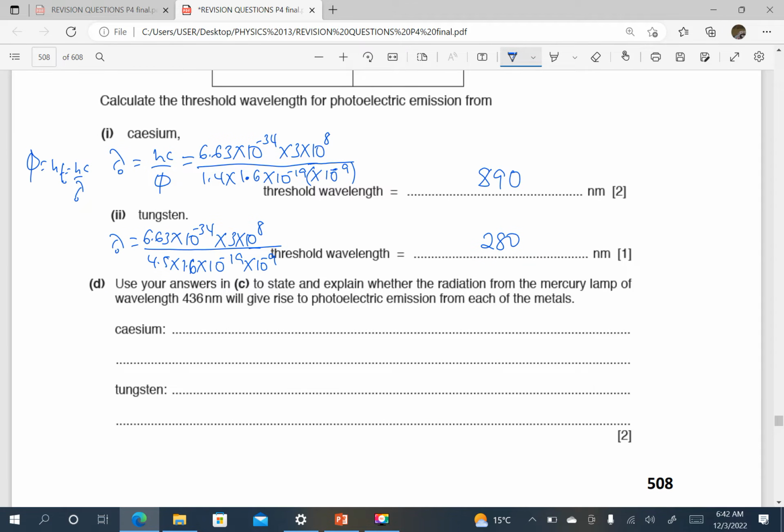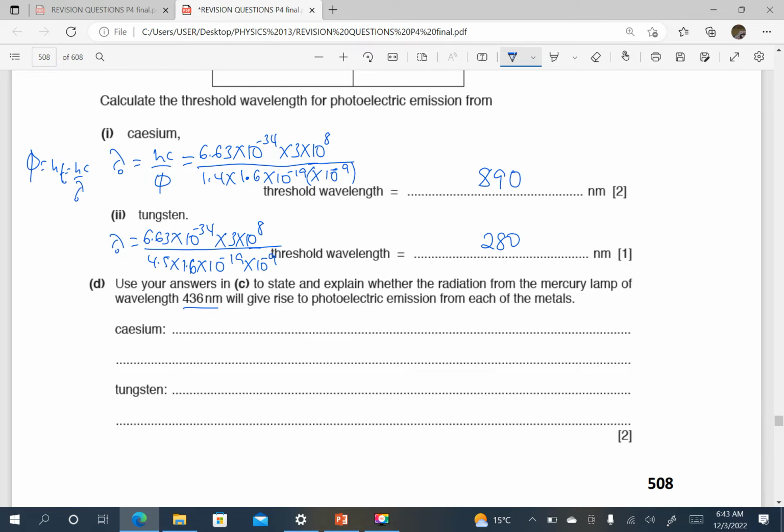Use your answer in C to state and explain whether the radiation from the mercury lamp of wavelength 436 nanometers will give rise to photoelectric emission from each of the metals. Remember, the threshold wavelength is the maximum wavelength above which no photoelectric emission occurs.